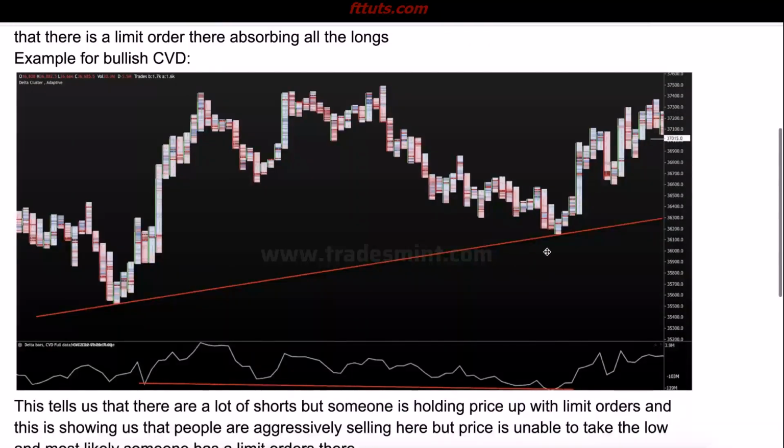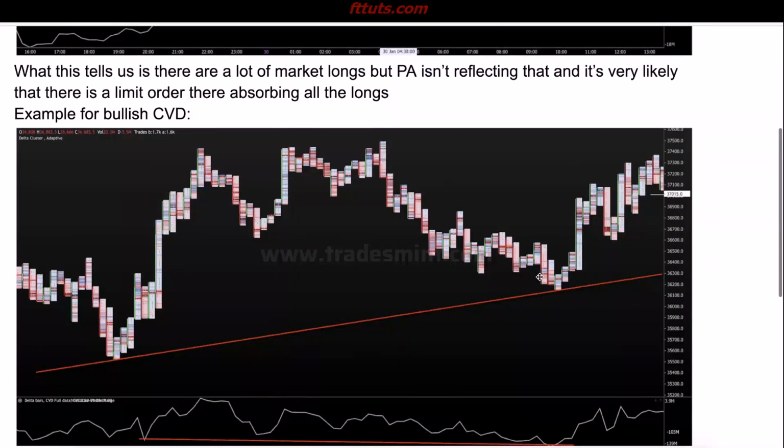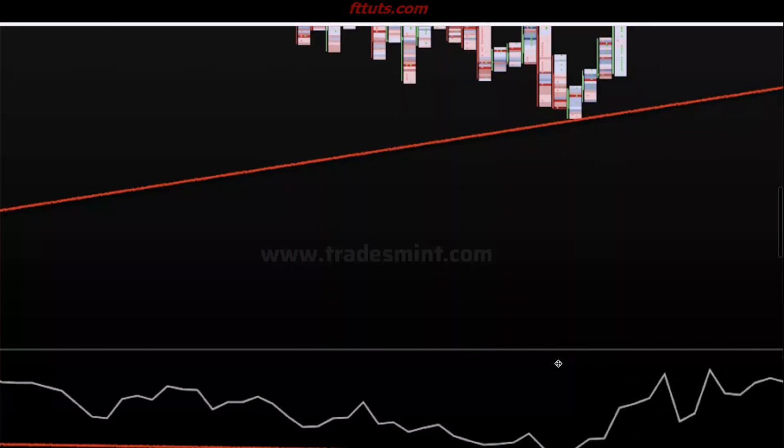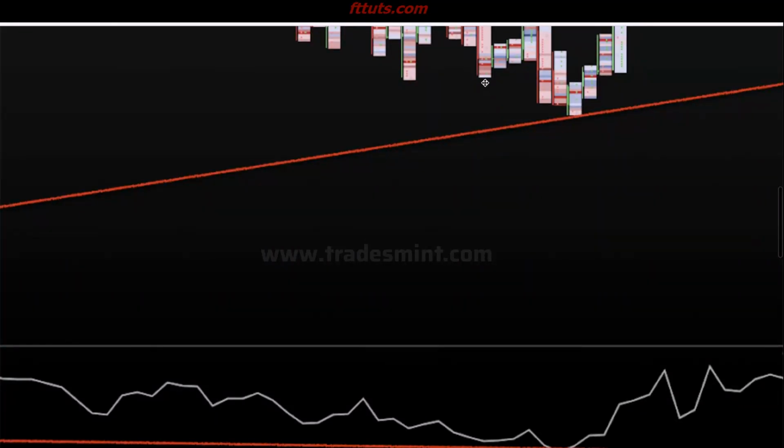Now, notice this. We can look at this over time, and we can do it very locally. During the course of this little period of price action, we see the CVD divergence from this low to this low, but if we zoom in, we can also see very locally a divergence.